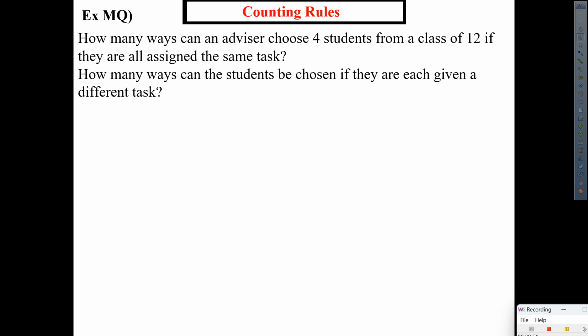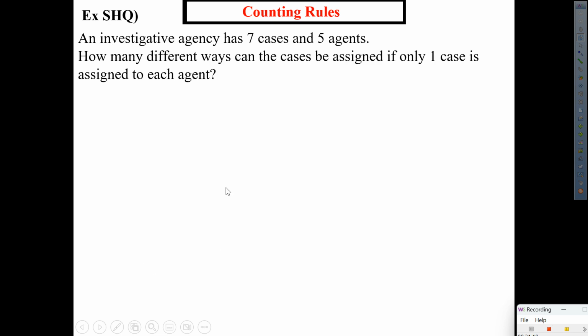How many ways can students be chosen if they are given each a different task? Tell your neighbor what rules to use. Oh, my bad. I did it backwards. The first one is combination, because the order doesn't matter. On this one, it does. Different tasks. My bad.